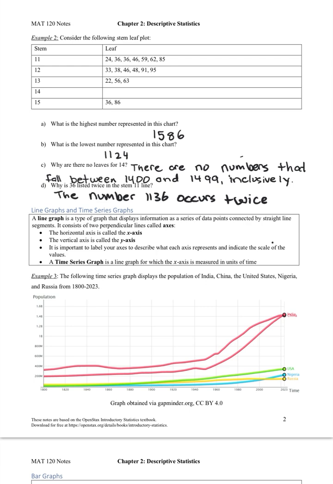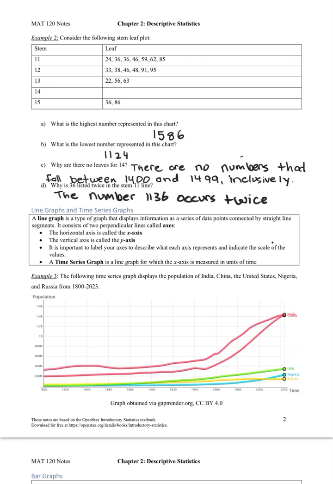Our y-axis is the population, and it goes from 200 million until about 1.6 billion. The countries, Russia, Nigeria, USA, China, and India, are represented in various colors.